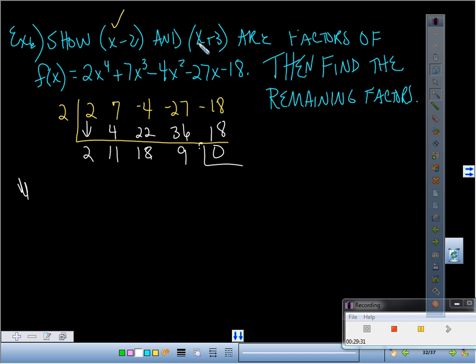Now, could I take this x plus 3, divide this same thing by negative 3, and show that I get 0 as a remainder? I could do that, but guys, listen to me. This right here has taken this 4th degree down to a 3rd degree.